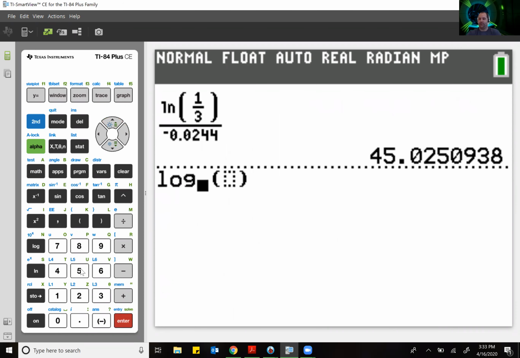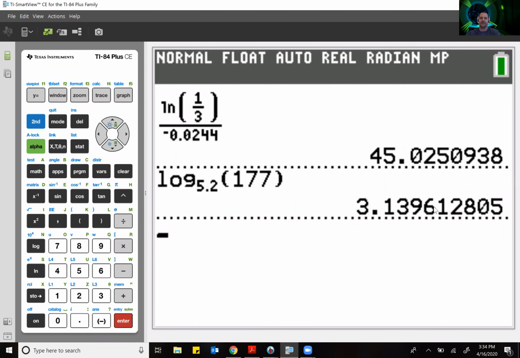So we're going to put in the 5.2, and then scroll over and hit 177. Rounded to 2 decimal places, the 9 says, hey 3, go up. So yes, I agree that it is 3.14, which was B.